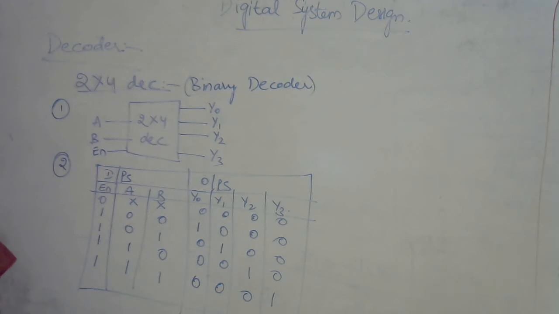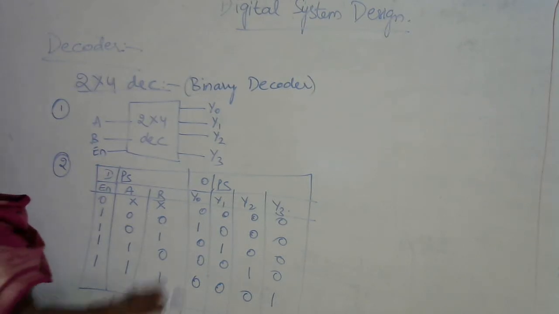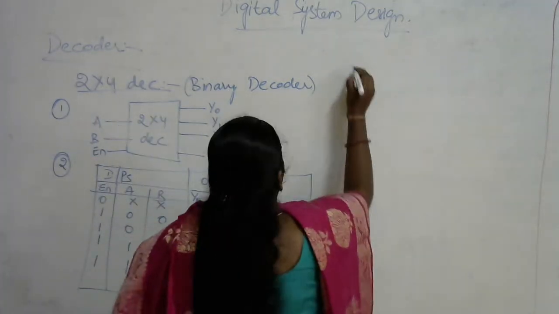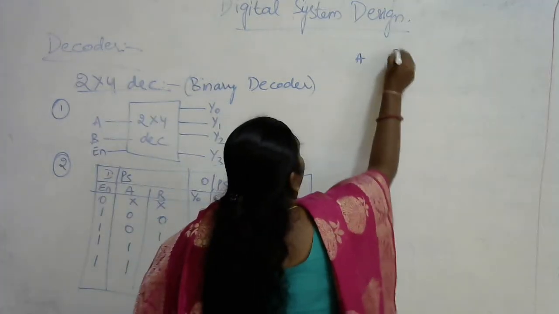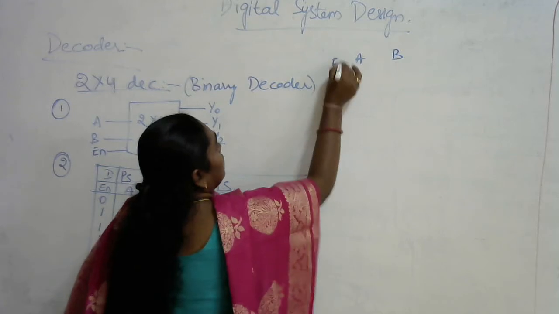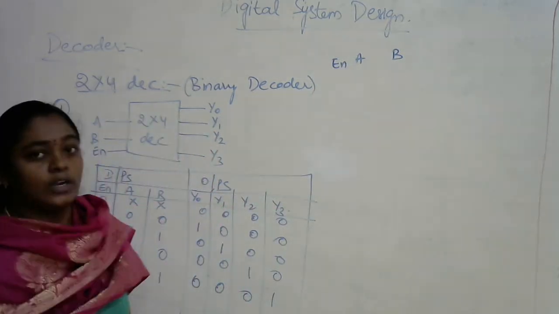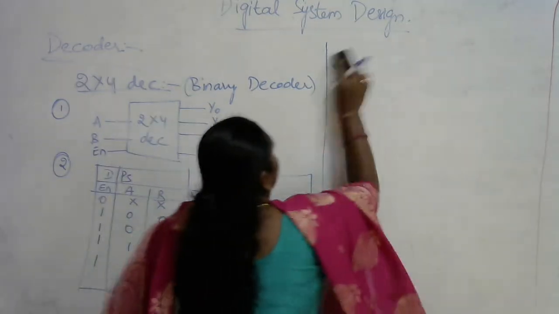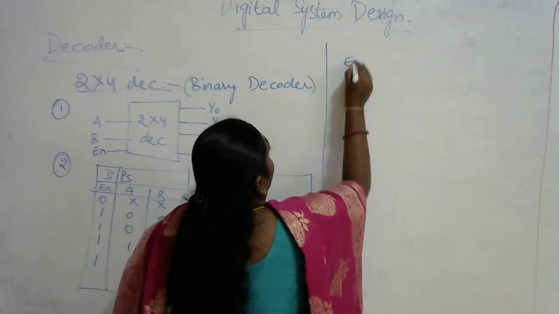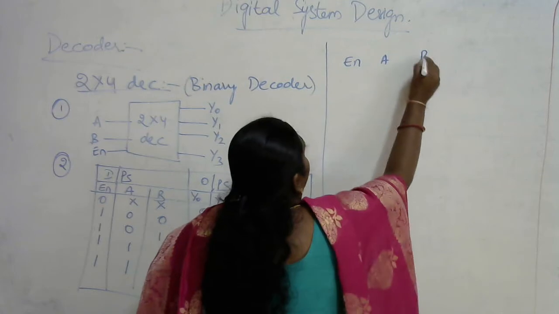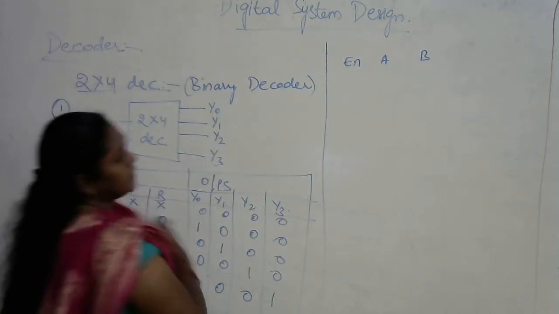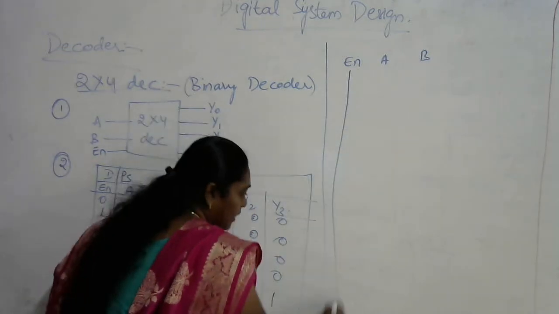So here, the inputs are A, B, and as I have told you, there is one more input, which is called an enable input. Now I am drawing the logic diagram of a 2 by 4 decoder. The inputs are enable, A, B. As enable should always be equivalent to 1, I am just drawing a single line under the enable.